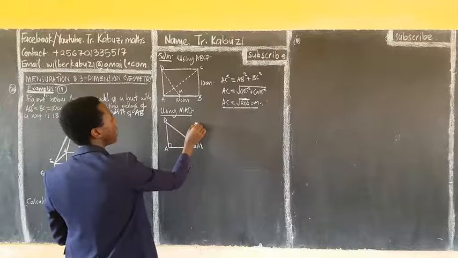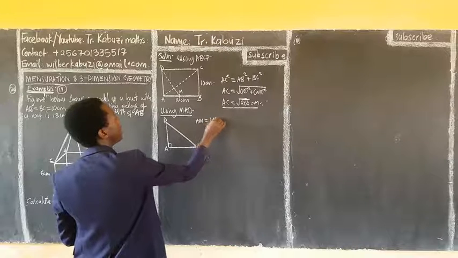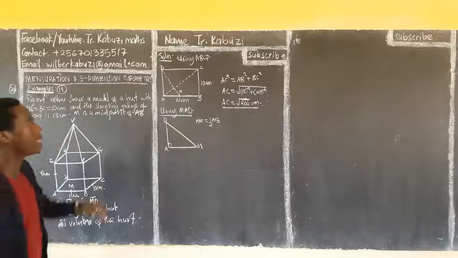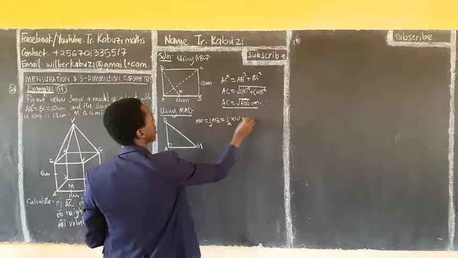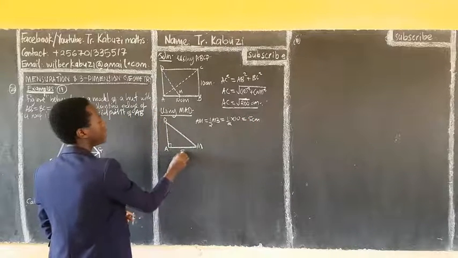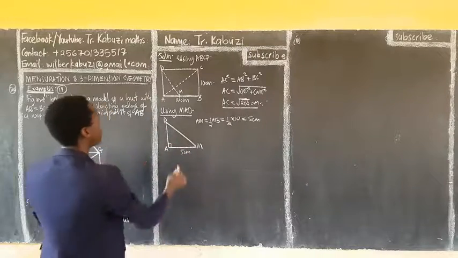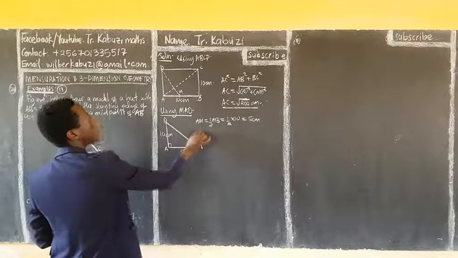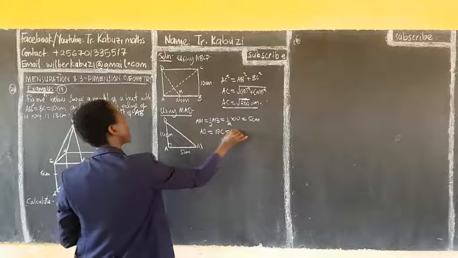Now AM is half of AB, because M is the midpoint of AB. So it is half times 10, which gives us 5 centimeters. So my AM is 5 centimeters. I want MD, but AD, from here, is the same as BC, equal to 10 centimeters.